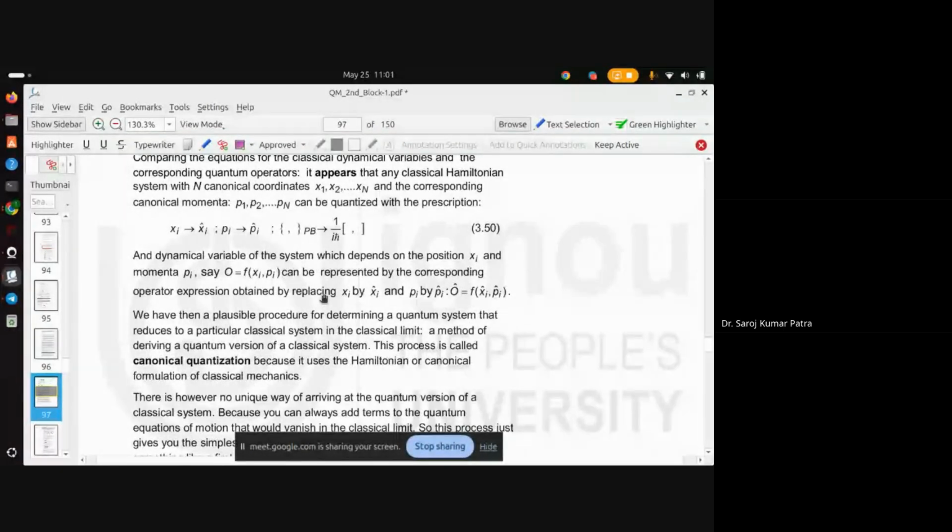Sir, in going from classical to quantum, only iħ will be added to the Poisson bracket. What is the reason for that? Because of uncertainty?